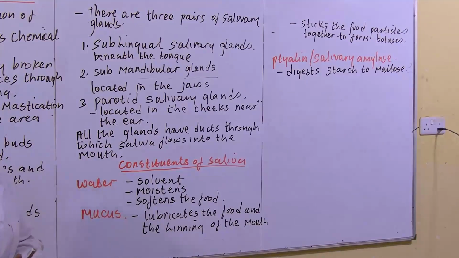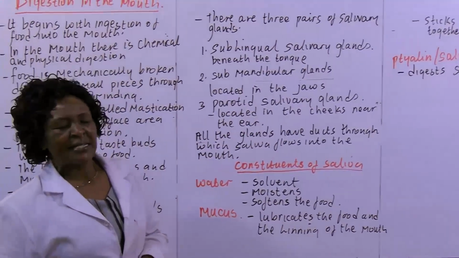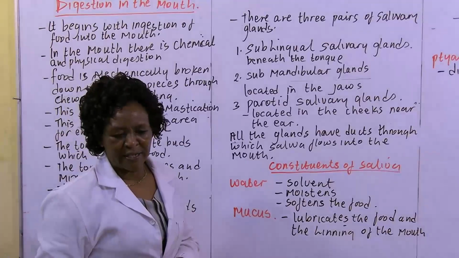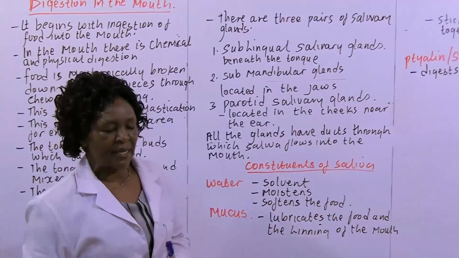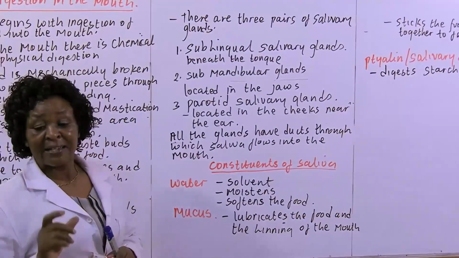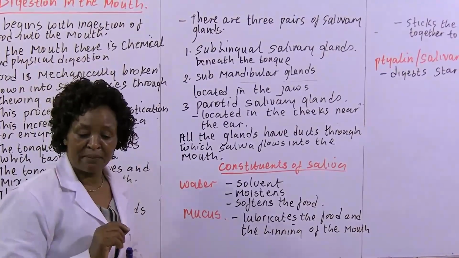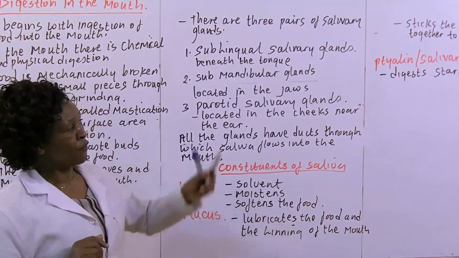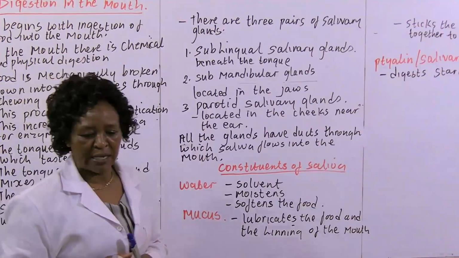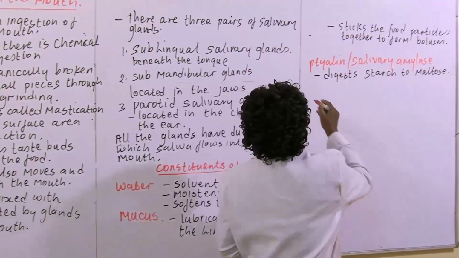Now, saliva is slightly alkaline, and that provides a suitable medium, or suitable pH, for the action of thiolate.